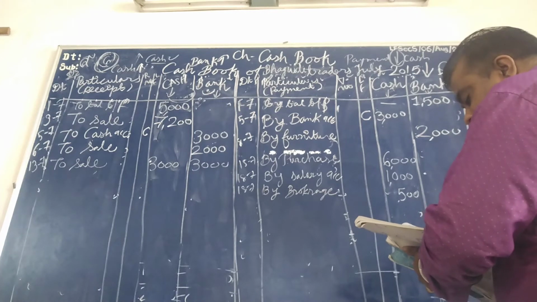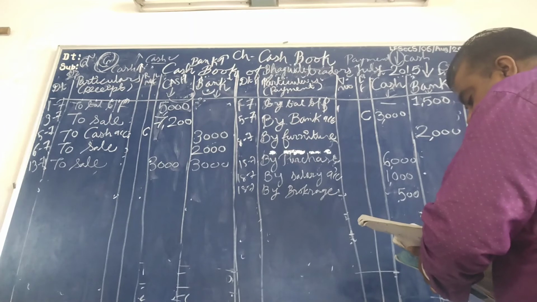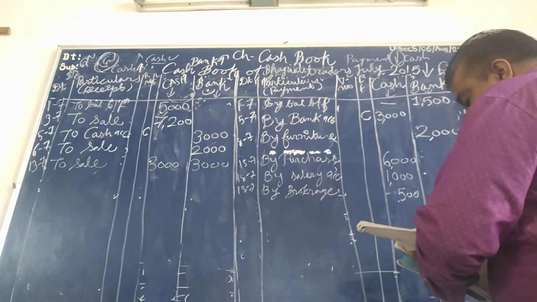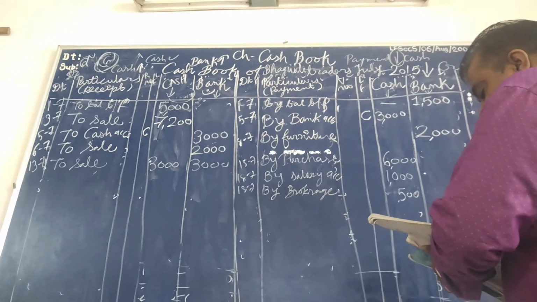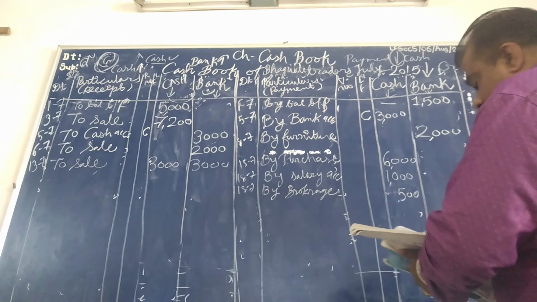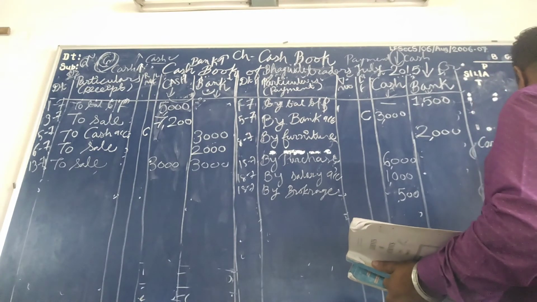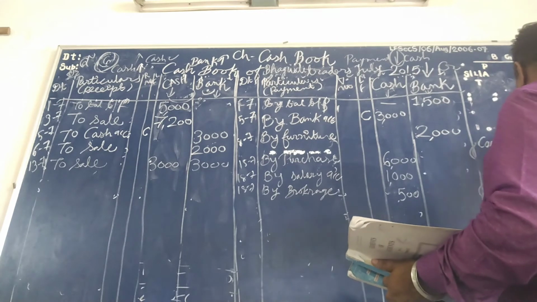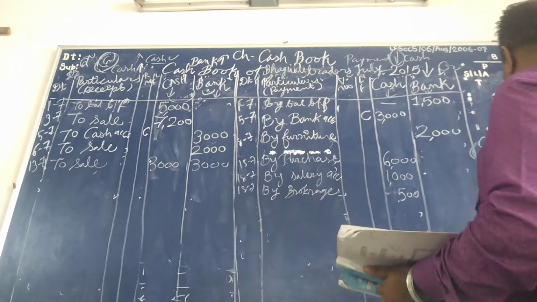Here we receive the cash, and we withdrew from the bank, so bank account will be credited. So the journal entry will be passed as cash to bank.